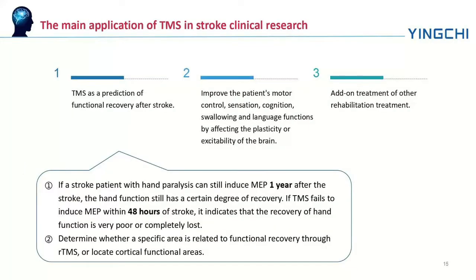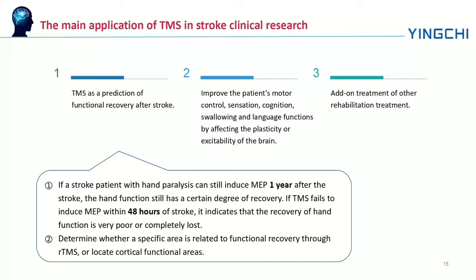And as for TMS, the main applications of TMS in stroke, for clinical use or research, may be concluded into three parts. First, TMS can be used as a prediction of functional recovery after stroke.